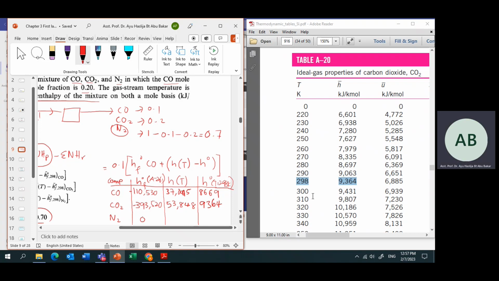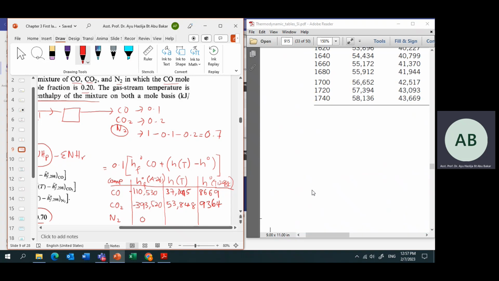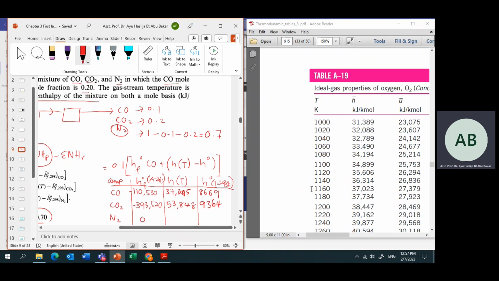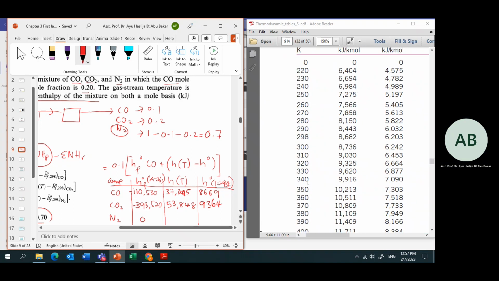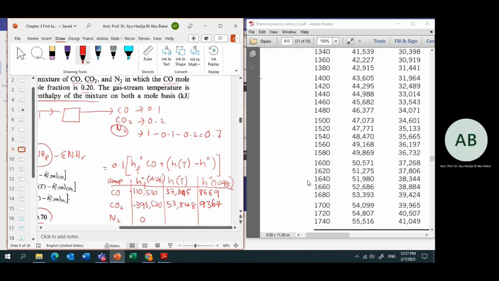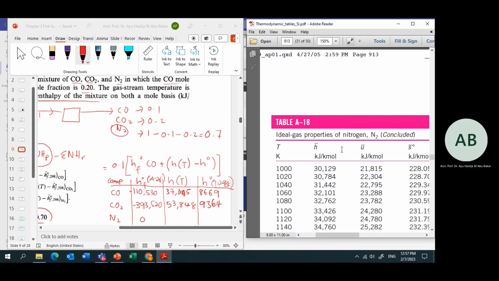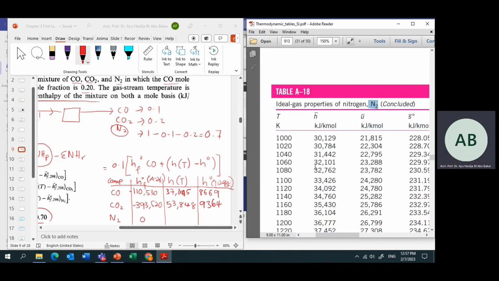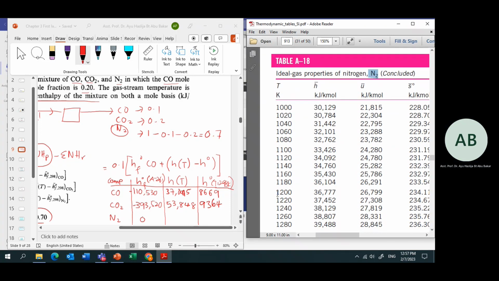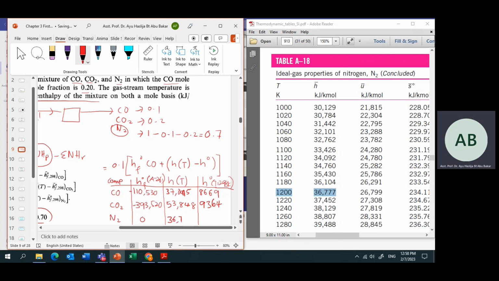Next for N2, find which table is related to N2. Here, table A18, N2. The enthalpy at 1200 is 36777.